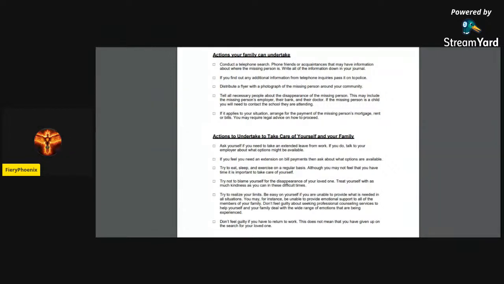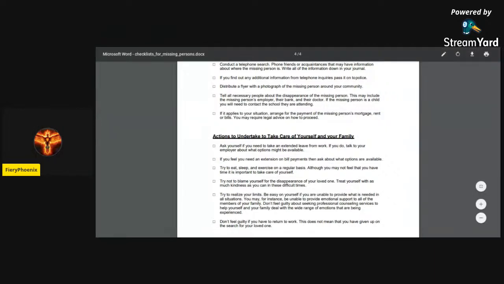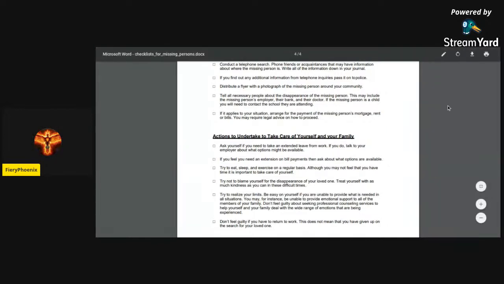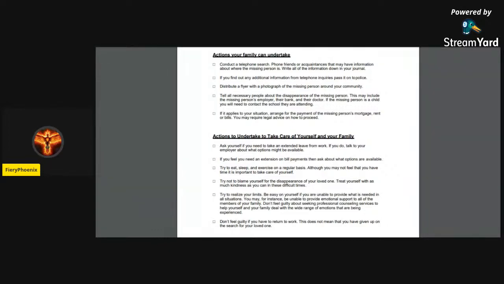I know it's hard having a missing person. It's got to be. Try not to blame yourself. That's one thing. Don't say, "Well, if I had done this." Also, try to realize your limits. Be easy on yourself if you're unable to provide what is needed in all situations.